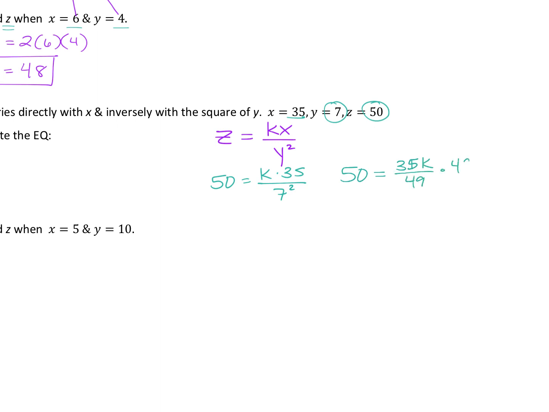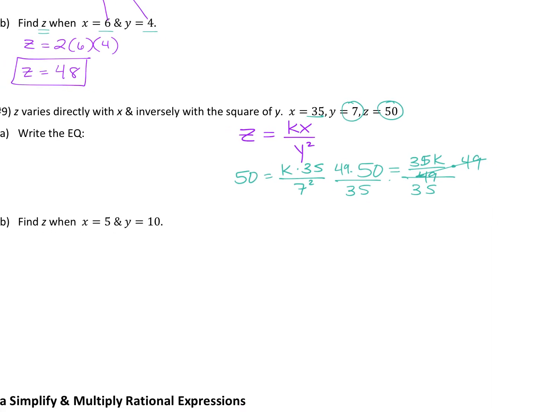I would probably multiply by 49 first, and then you can divide by 35. Or right off the bat, you could multiply by the reciprocal. If you like that better, that's great too. I don't have a calculator. What did that come out to? 70? Yes. Is that what you got?